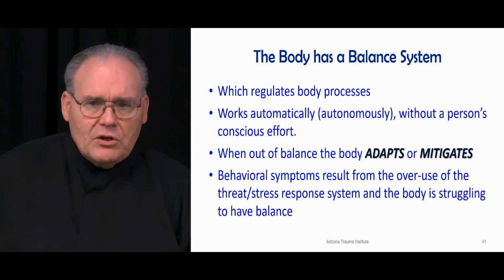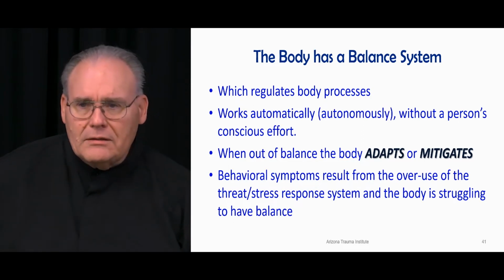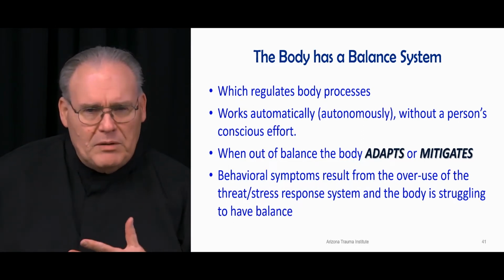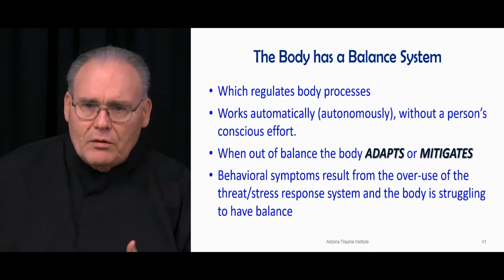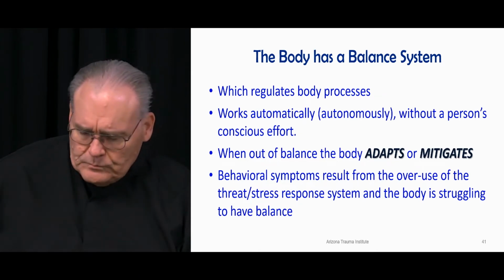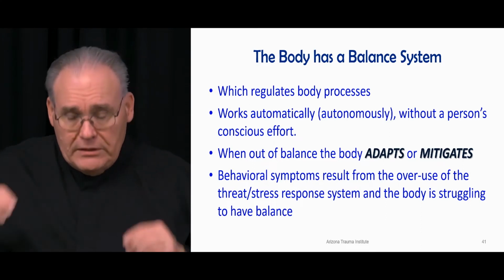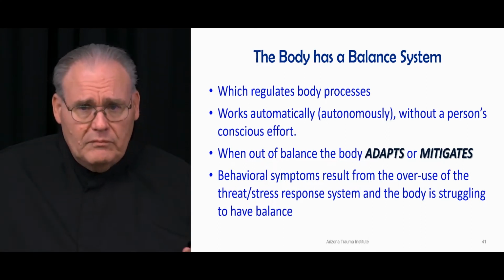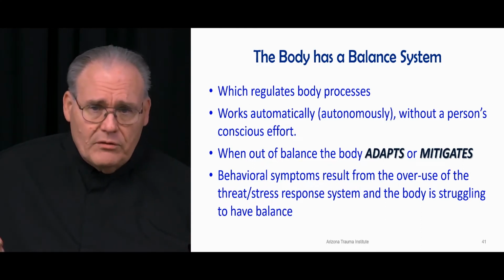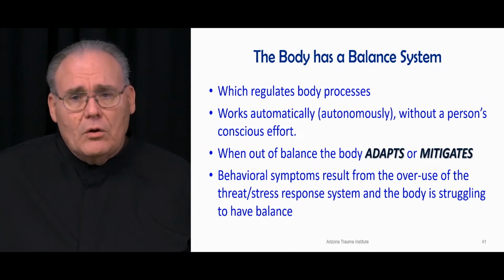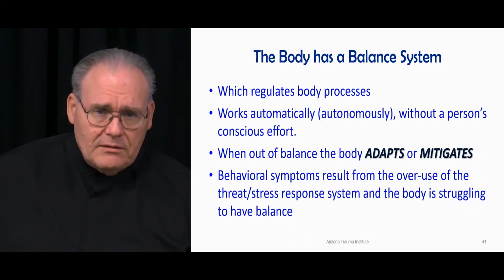I don't like the term maladaptive or the good, bad ideas. So it's adaptive or mitigative behavior. And behavioral symptoms result from the overuse of either of these strategies, either overuse of adaptiveness or overuse of mitigation.